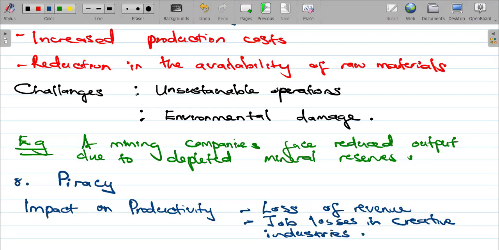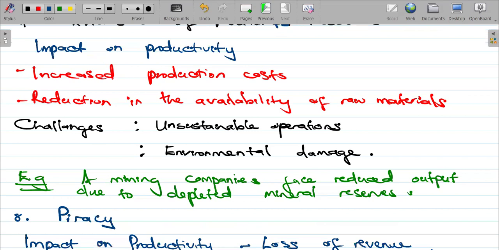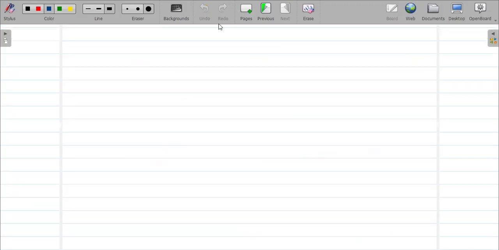And so there will be reduced motivation to innovate, right? Because of piracy.